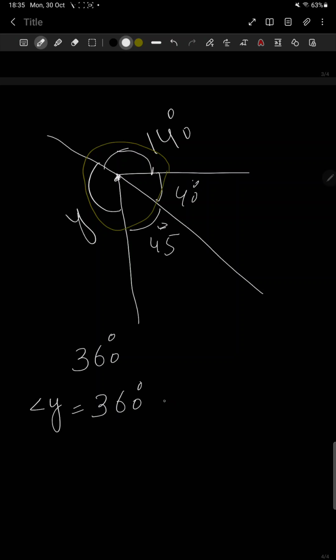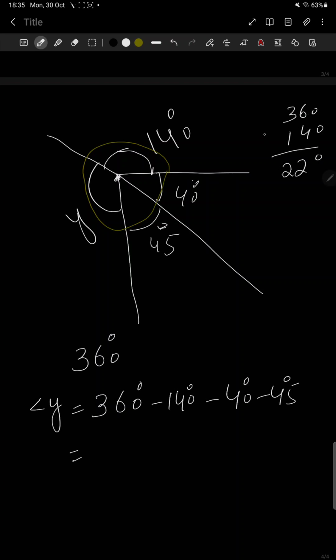For instance, the first angle over here is 140. So we will subtract 140, then 40 degrees, then 45 degrees. So we will subtract all these angles one by one, or in the other way we can add all these angles and subtract from 360 degrees. So 360 minus 140 will give you 220 degrees, and 220 minus 40 gives 180 degrees, 180 minus 45 is 135.